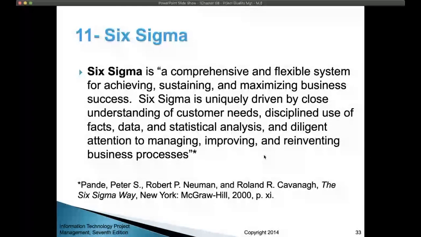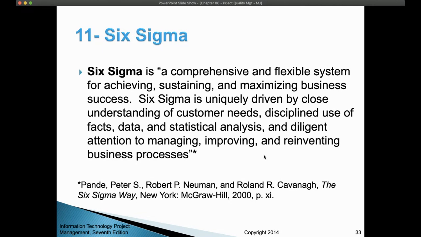Six Sigma is a comprehensive and flexible system. It doesn't just go through the normal way of inspecting, but it has more in terms of ensuring that the processes are improving, and they are doing some kind of statistical measures and all these things.